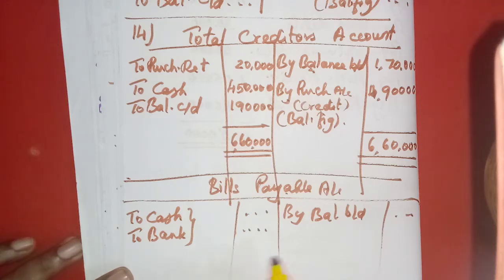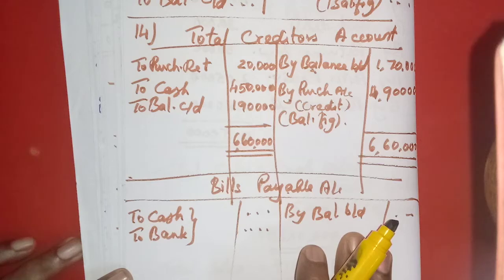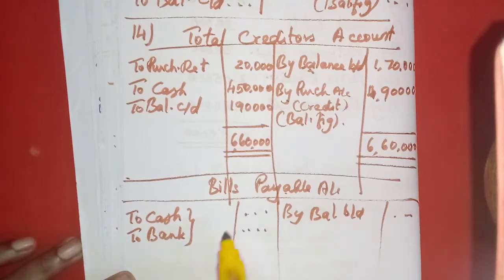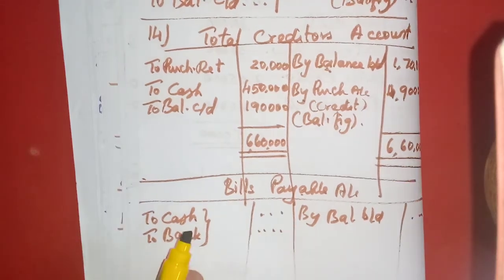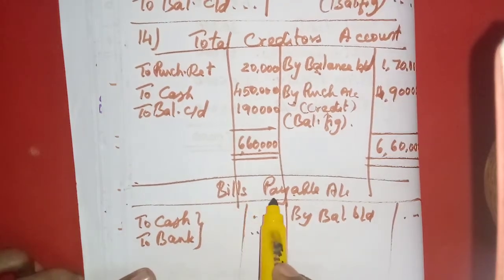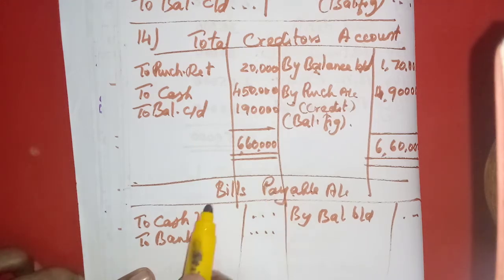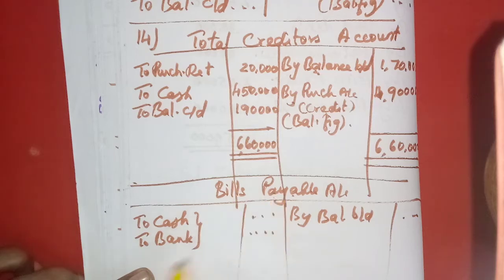Then if the bills payable is dishonored, then what do we have to do? We will write that here in the account we have done, no? Bills payable dishonor means again we have to credit the creditors. Bills payable account should be debited.